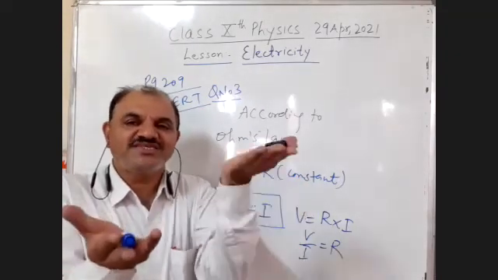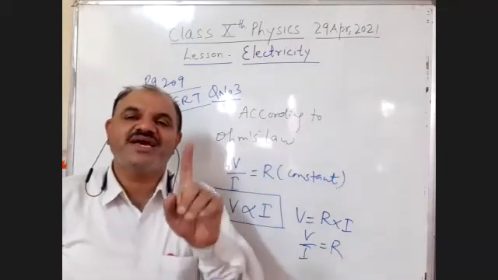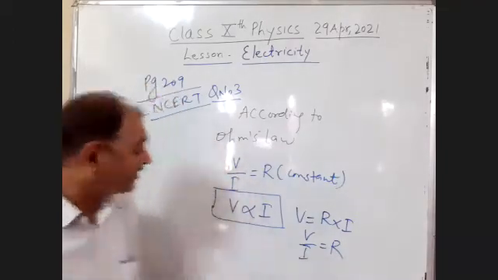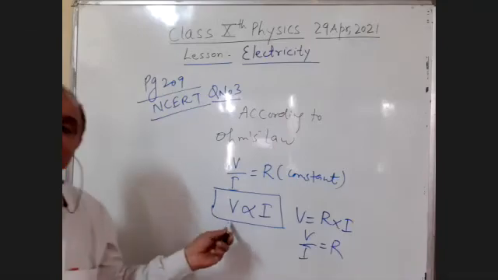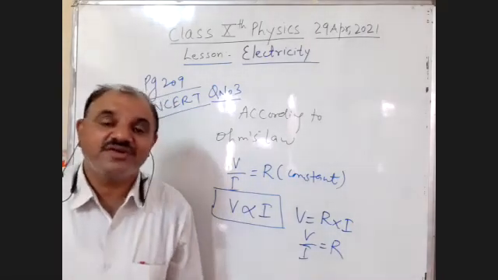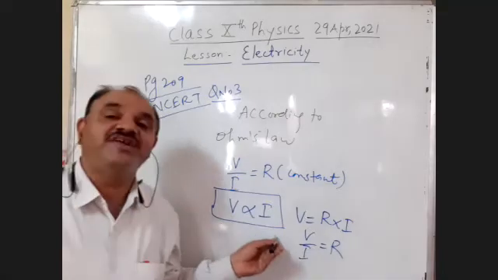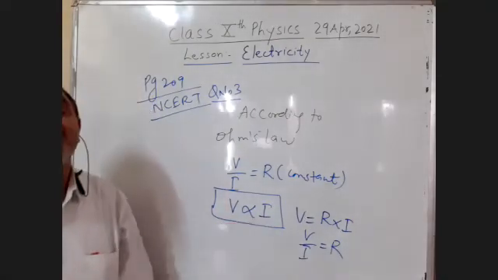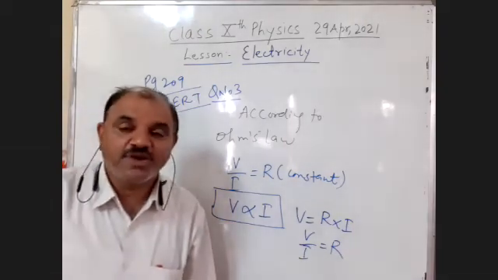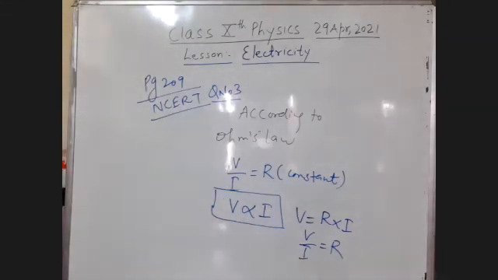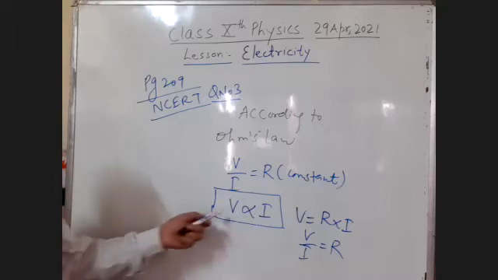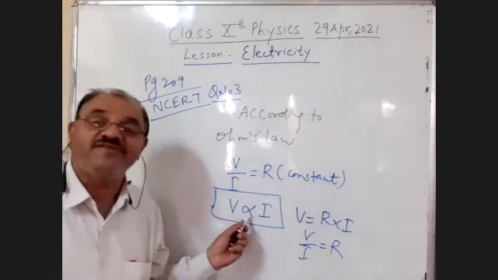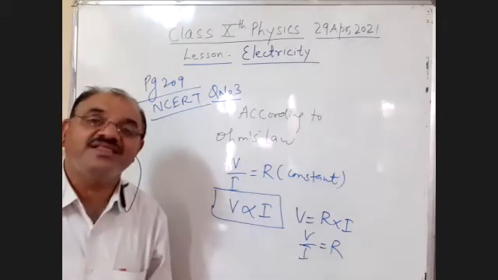Here, if there is any variation in the potential difference, definitely it will affect the value of the current also, because current and potential difference are both in direct relation.